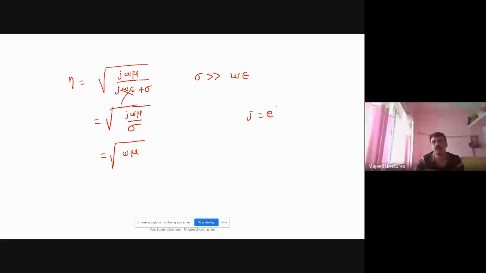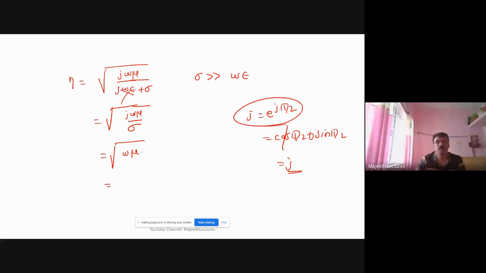J is nothing but e power j pi by 2. Why? e power j pi by 2 is cos pi by 2 plus j sin pi by 2. Cos pi by 2 is 0, so it is j. So j is e power j pi by 2. So omega mu into e power j pi by 2, fine, divided by sigma, right?